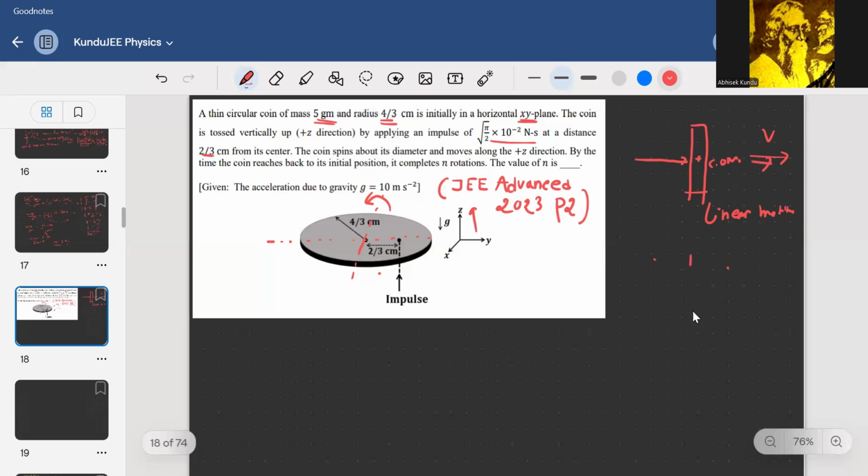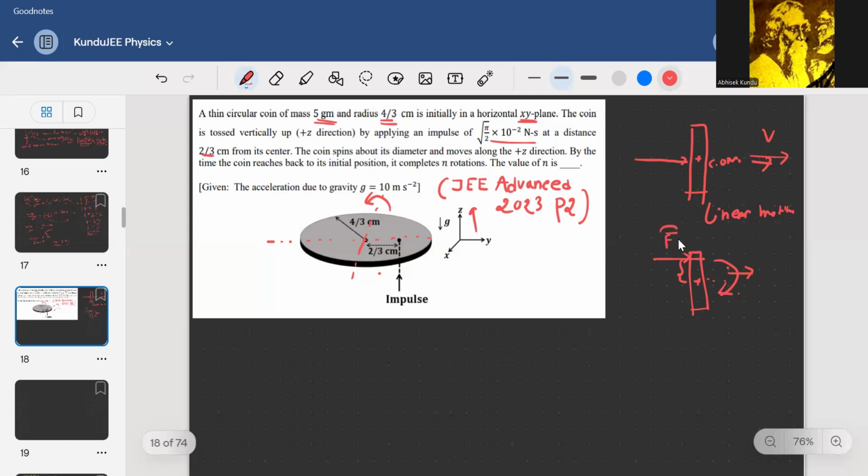But suppose this is the center of mass and you are applying an impulse like this, at some distance from the center of mass. That means the direction of the force is not coinciding with the center of mass. It will not only have the linear momentum, rather, it will also rotate. Why?